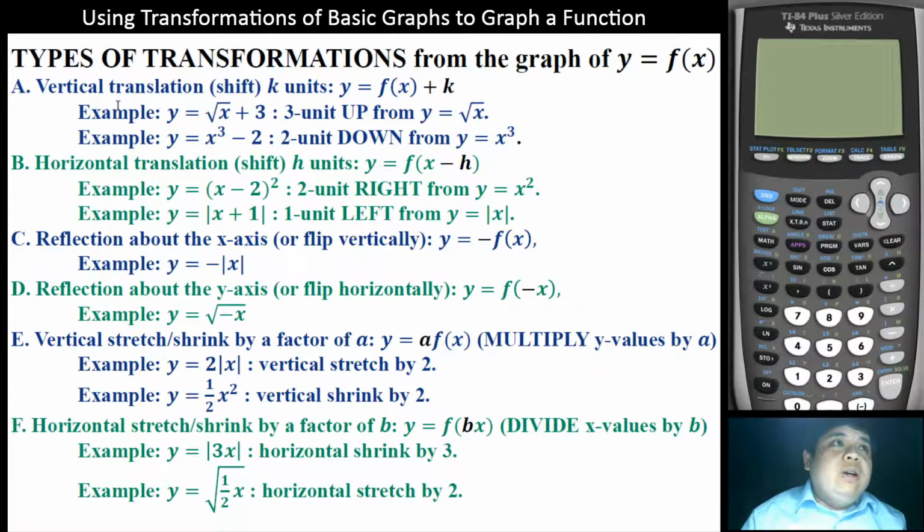First, we have the vertical translation. Starting from a function y equals f of x, if we add something to the function, it will cause the graph to go up or down. If it is plus a positive number, it will go up. Minus, it will go down.